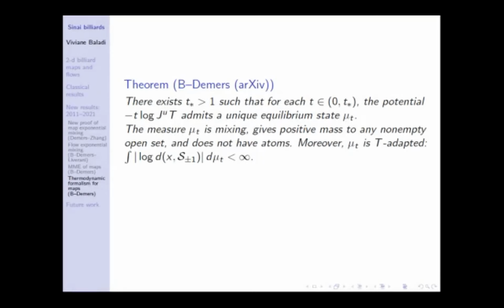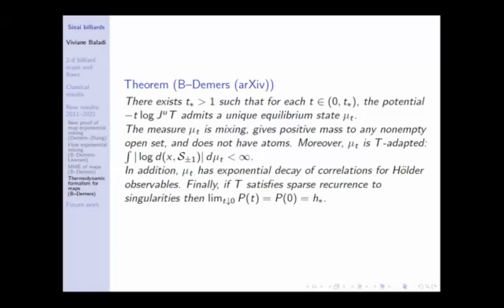And between 0 and this limiting value, we have a very nice picture, meaning that we know that there's a unique measure which realizes this maximum, and this is called equilibrium state in ergodic theory, classically. And not only do we have a unique measure which realizes the maximum, but this measure is mixing, it has full support, doesn't have atoms, it satisfies this adapted property which we had for the measure of maximum entropy.